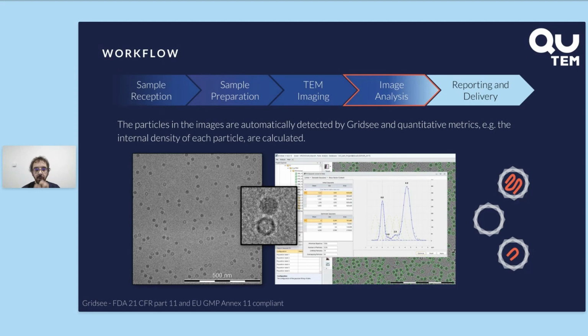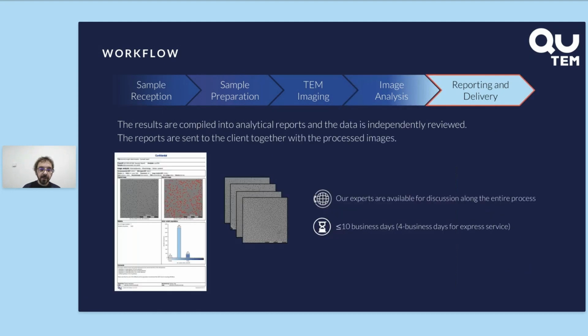So once we are done with the image analysis and we have a whole representative set with strong enough data, then we start to write a report. And this is what will be delivered to the customer. Here you can see an example report of an AAV particle, but should you want to see how a report for lentiviruses looks, you can go to the handouts section of this webinar, and you will find an example report.